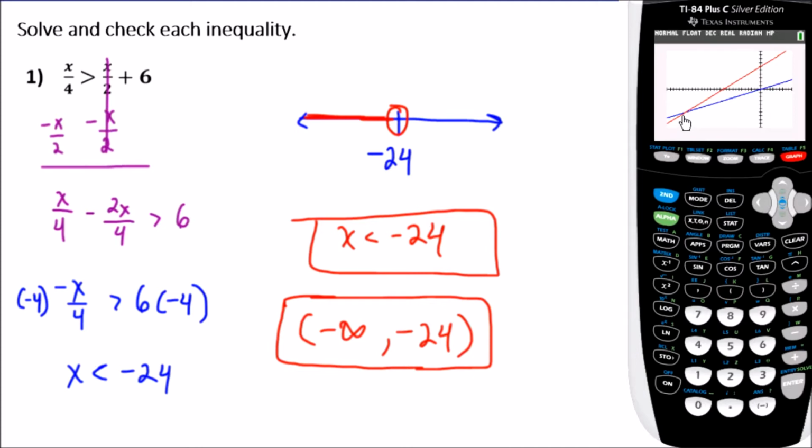You see how in this section of the graph here, the blue is above the red. Then the roles reverse at negative 24. This is the value negative 24. Then x over 4 is no longer greater. Now it's underneath. So for all values of x less than negative 24, the blue graph is above and the red graph is underneath. That should confirm that our answer is in fact correct.